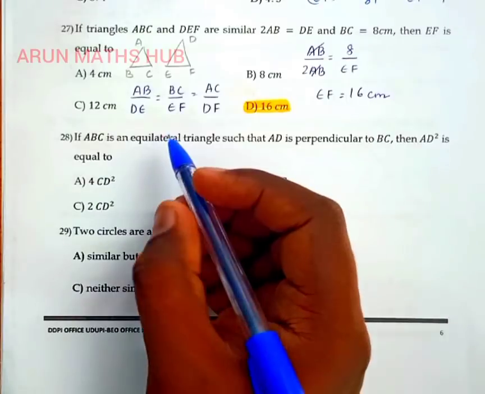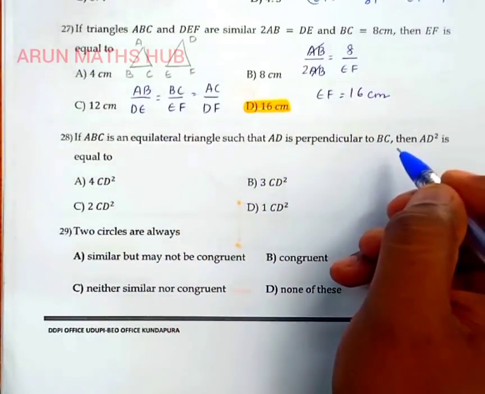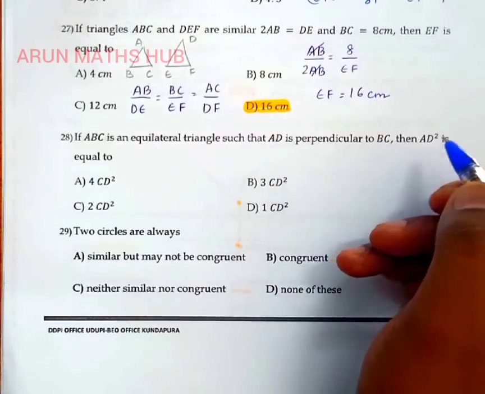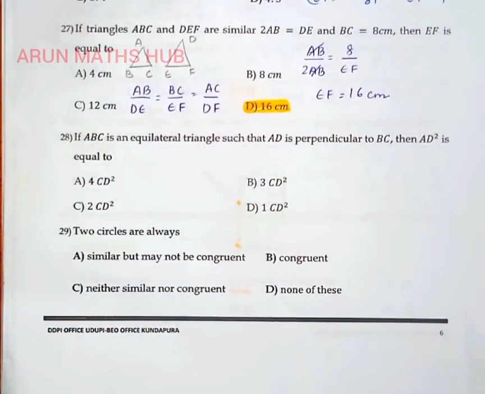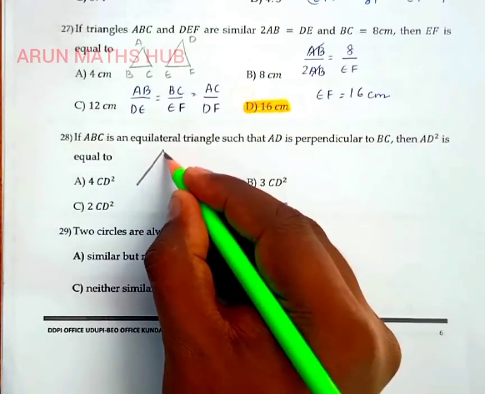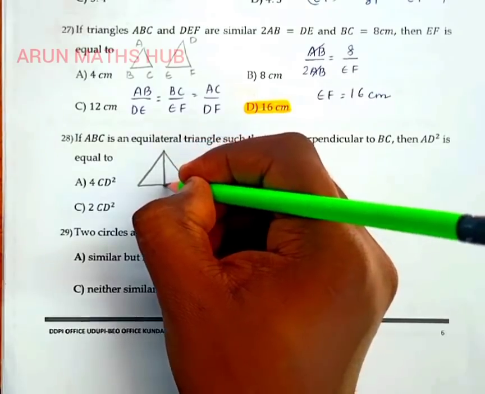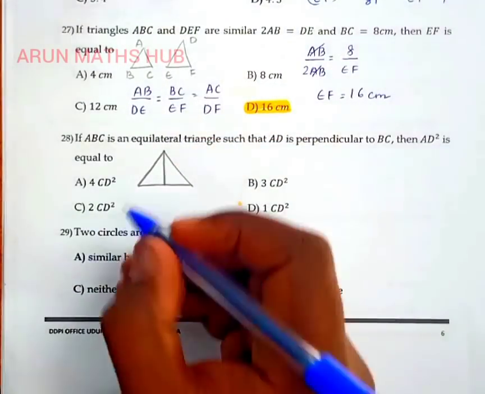Question number 28. If triangle ABC is an equilateral triangle such that AD is perpendicular to BC, then AD square is equal to? Again draw a triangle ABC. An equilateral triangle means all the sides will be equal.